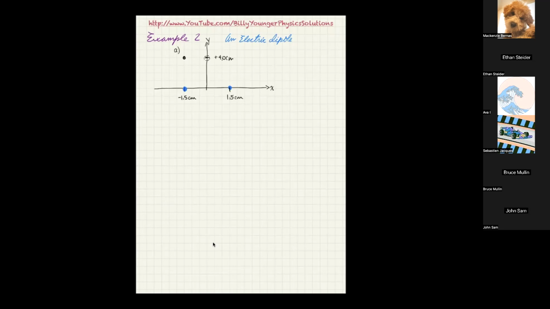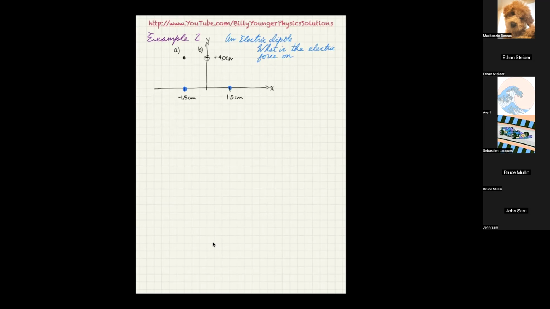So in A, I want to know this one, and in B, I want to know the force on the charge when it's there. So what is the electric force on, and let's call this one Q1. Oh, actually, I don't want to put it like I did right there because it looks like it's suggesting the value of Q1 is negative 1.5.